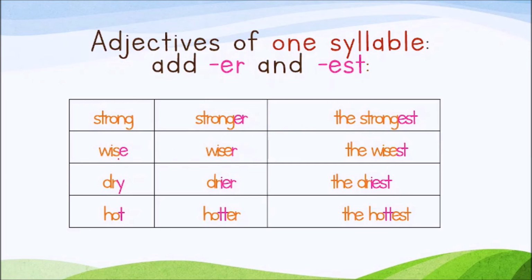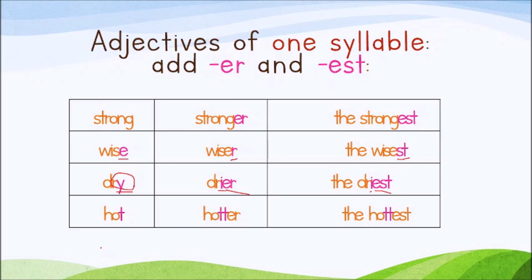For wise, as you can see, it already ends with the vowel E. So all we have to do is to add R for the comparative degree and add ST for the superlative degree. For the word dry or words that end with Y, we have to change Y to I and add ER for comparative degree, and for superlative degree, we have to change Y to I and add EST.